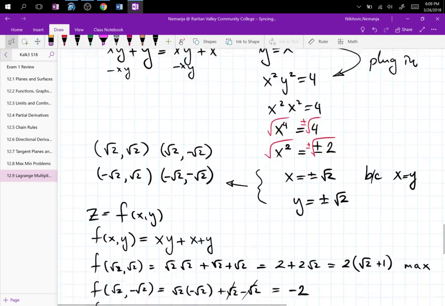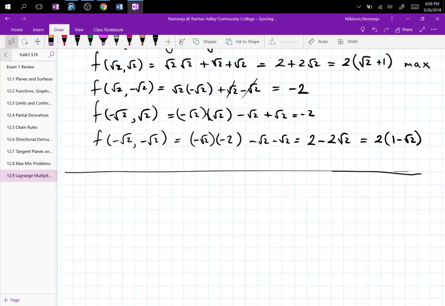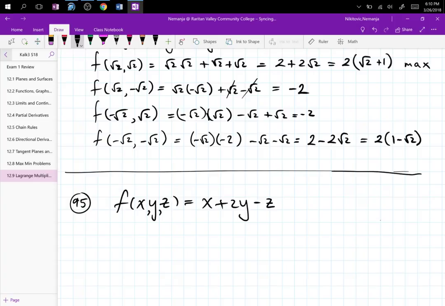Okay. So let's take a look at something. So here is 95. It says f of x, y, z, again, as the objective function, is going to have x plus 2y minus z, and then subject to the constraint x squared plus y squared plus z squared equals 1.